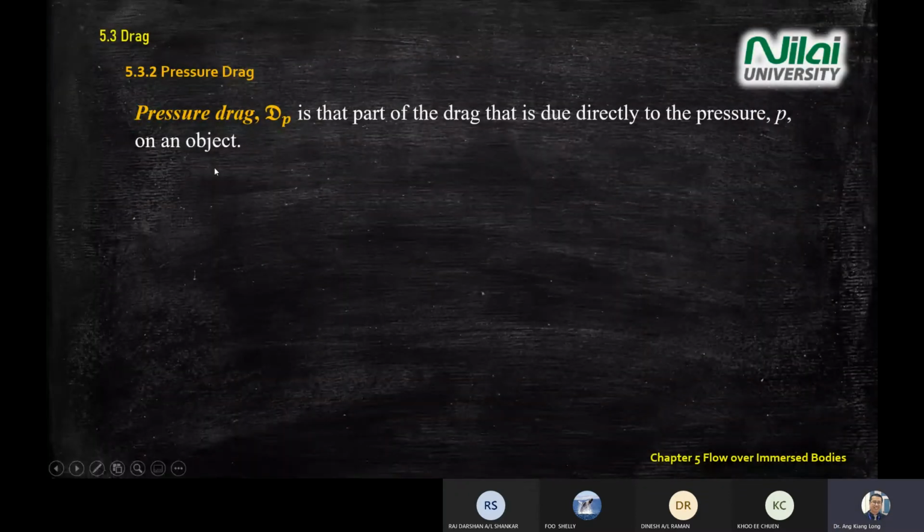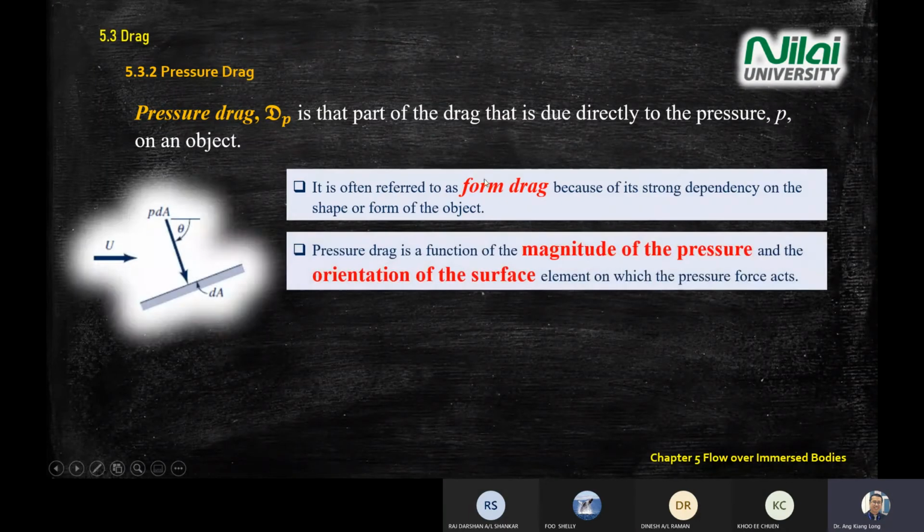Another one is drag. We call it pressure drag. Pressure drag is due to the pressure. If you study aerodynamics, this pressure drag falls under form drag. Another name for pressure drag, we call it form drag, because pressure drag is dependent on the shape of the object.